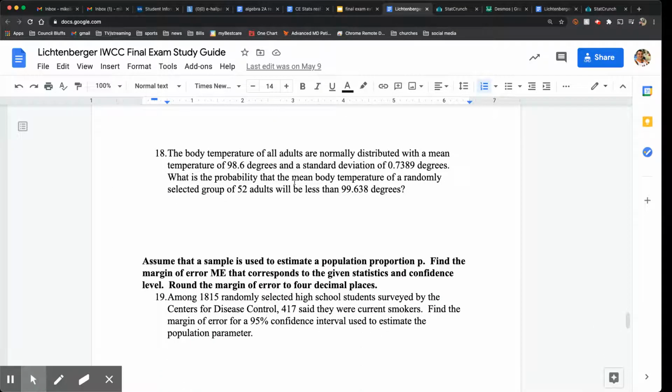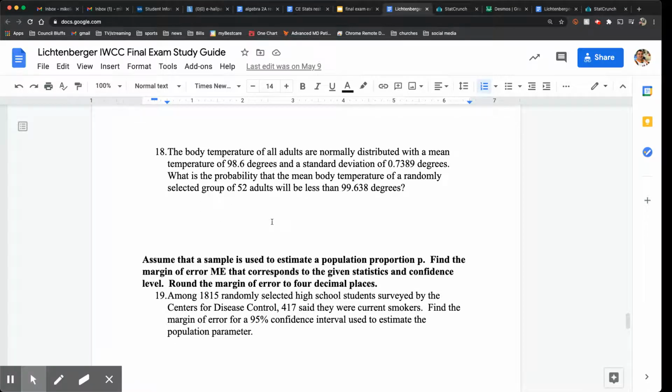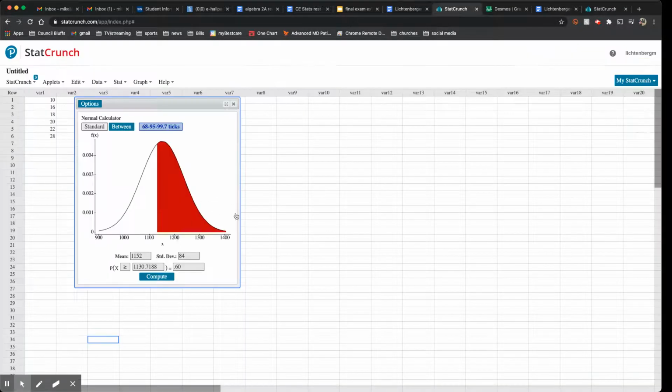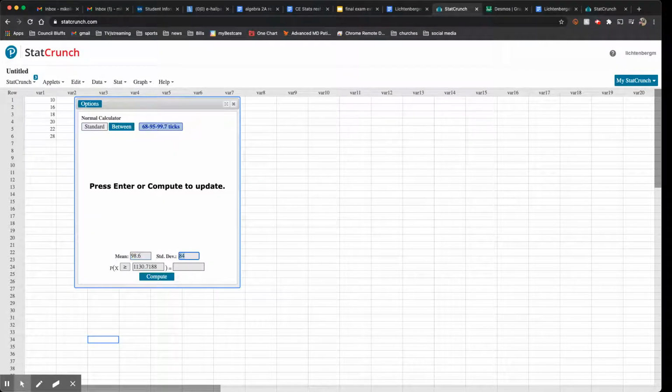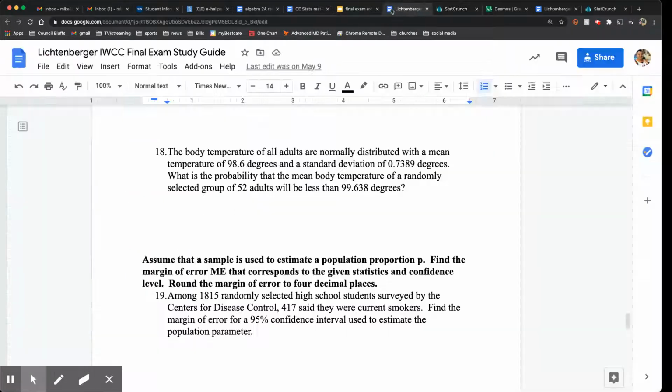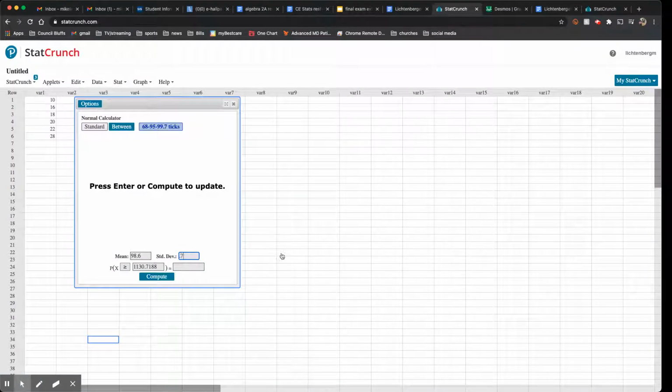Number 18. The body temperatures of all adults are normally distributed with a mean of 98.6 degrees and a standard deviation of 0.7389. So let's change that. 98.6. Standard deviation 0.7389.